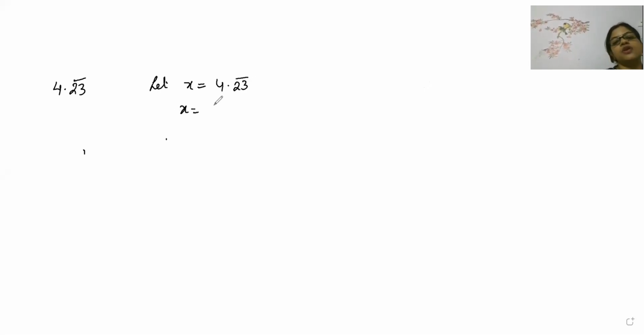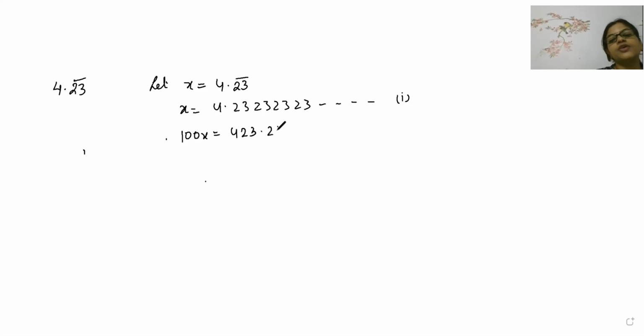So x will be equal to 4.23232323, and so on. Take it as equation 1. Now 2 digits have the bar, so multiply by 100 on both sides. So 100x is equal to 423.232323.